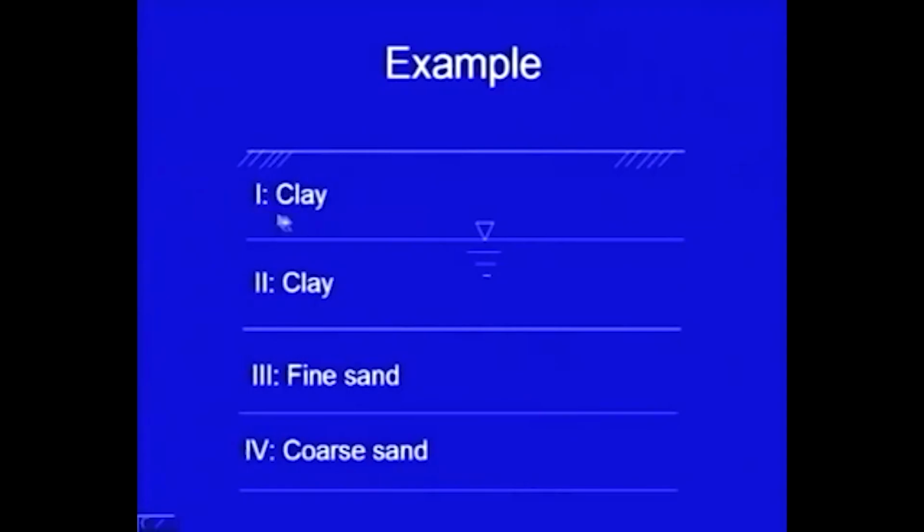The first layer is clay, and the water table is observed in the first layer. So, we have divided the first layer itself into two parts. It is all clay, but for the sake of solving this problem, we are taking it as two layers. The second layer is saturated clay, the third layer is fine sand, and the fourth layer is coarse sand.